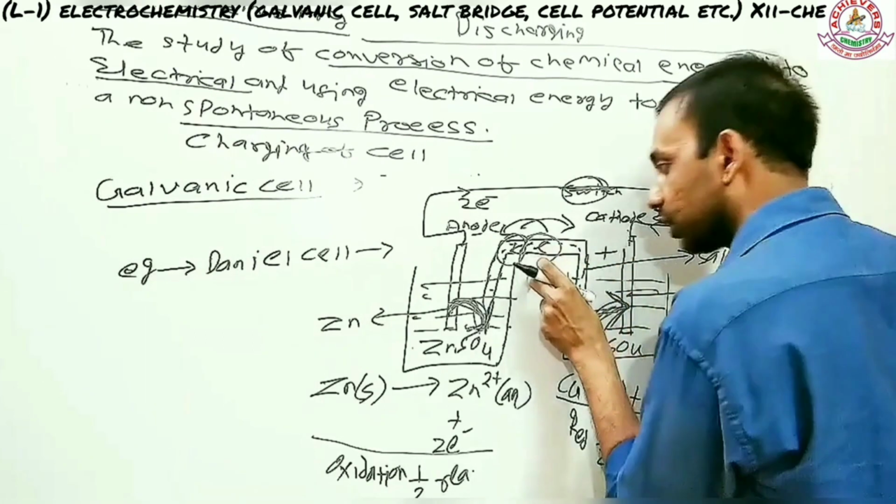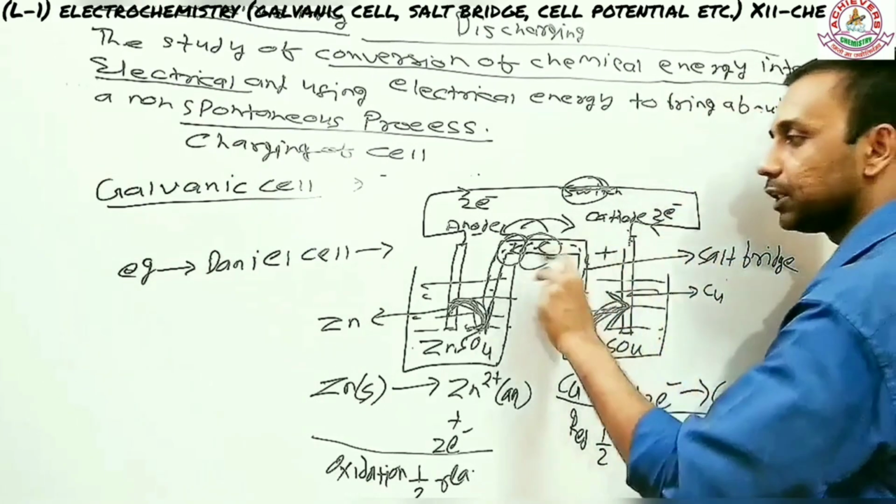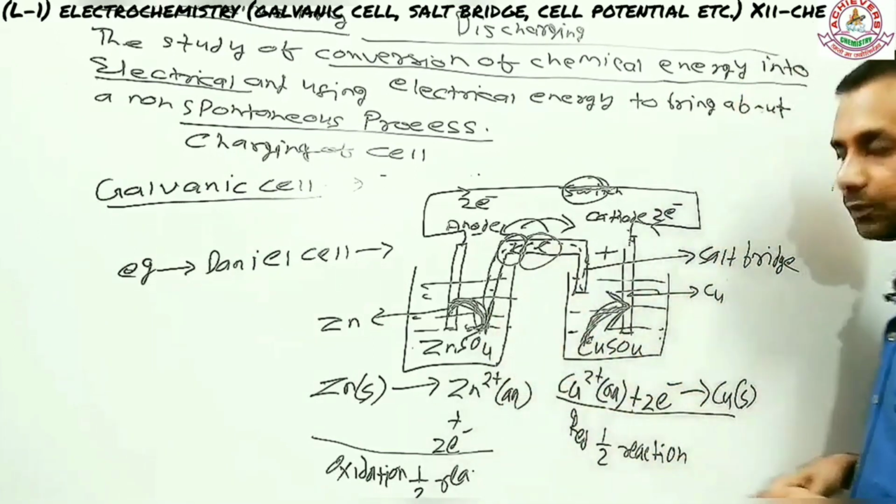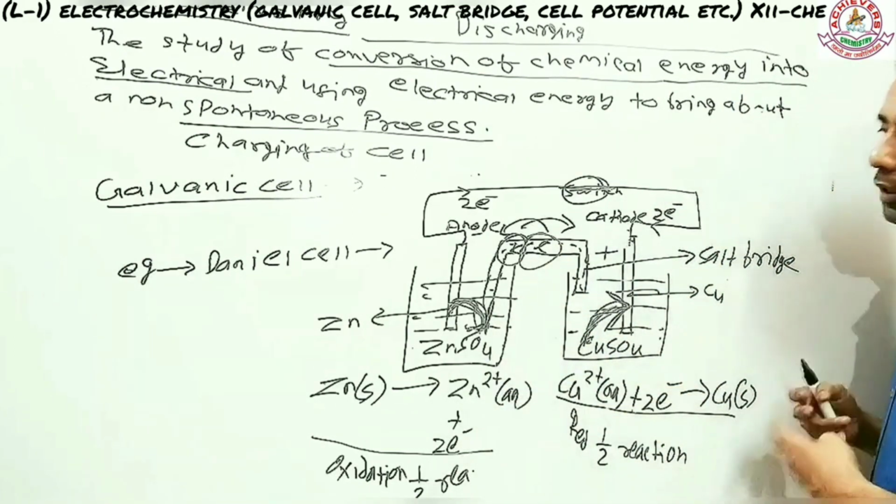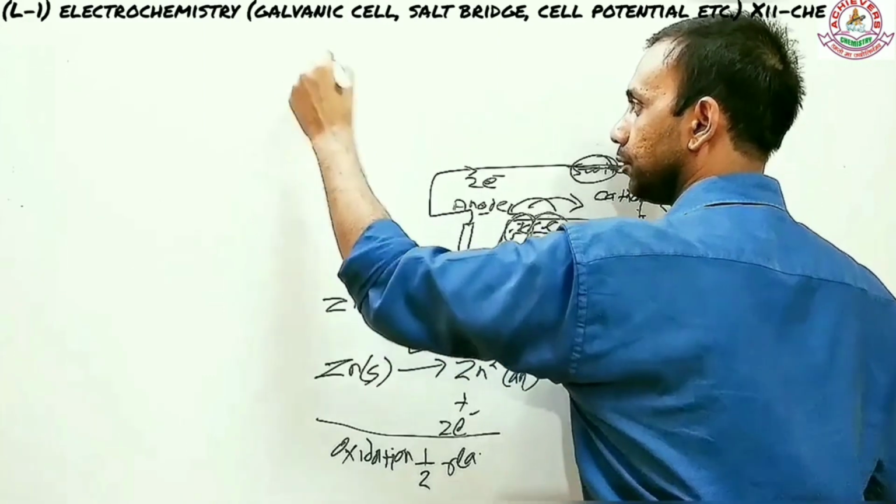So what is the function of the salt bridge? It helps in balancing the charge between the two half cells in order to keep the reaction going on.